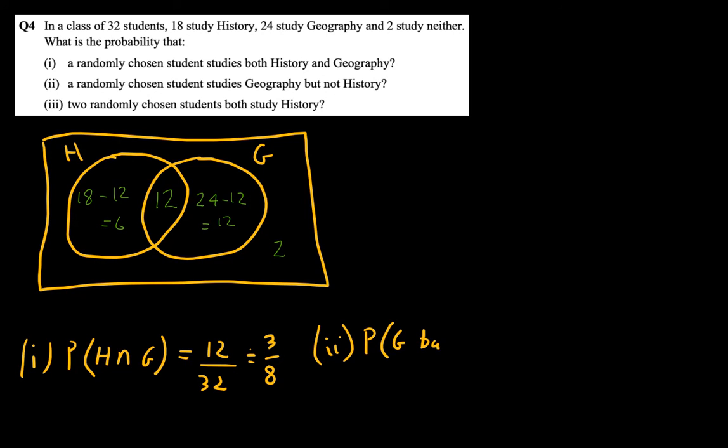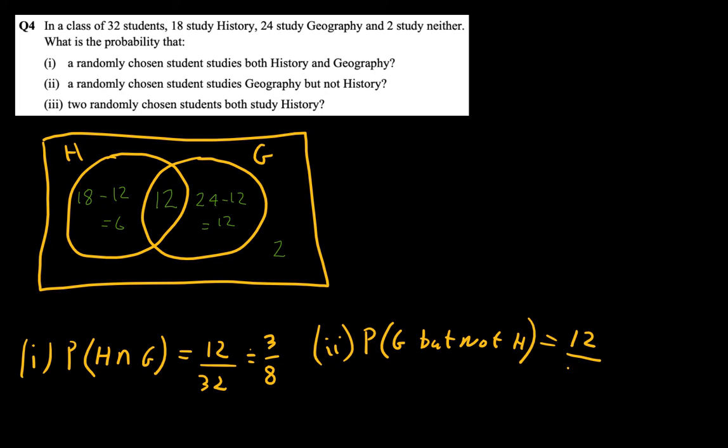So that's just going to be 12 over 32, which is 3 over 8. Let me see if that's right. Student studies geography but not history. Yeah, they're both 3 over 8.